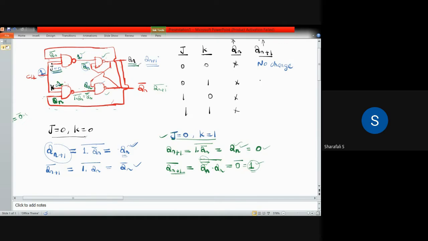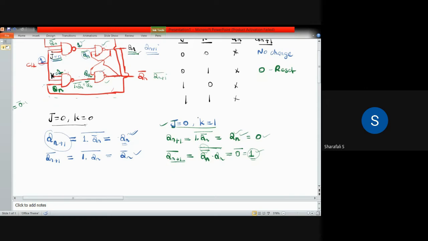So this one is 0, which means that this is the reset state of your JK flip-flop. Reset state means you are making your output 0. That is your reset state for JK flip-flop. So that is this condition, J equal to 0, K equal to 1. So this corresponds to the reset state.